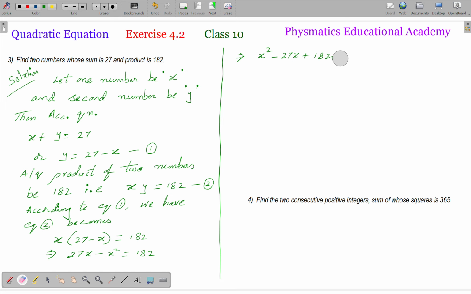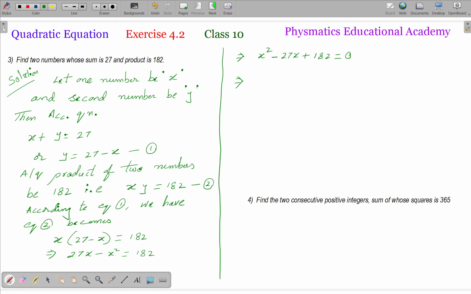Now factorizing by using the middle term splitting method, the 27x becomes 13x plus 14x. You could have studied the factorization method in NCERT Class 8 and 9.